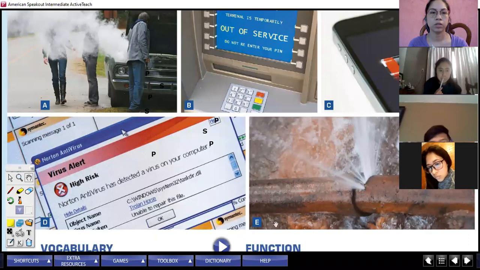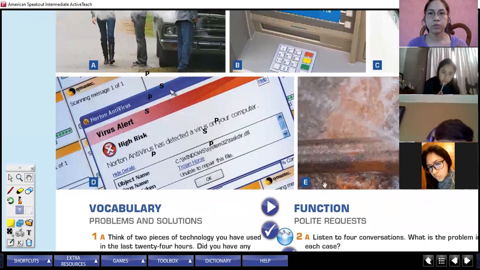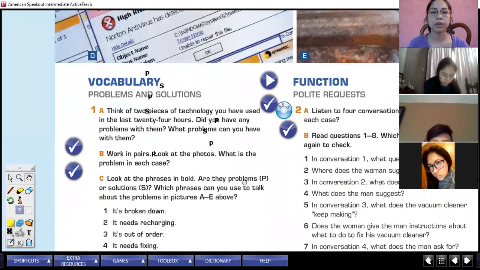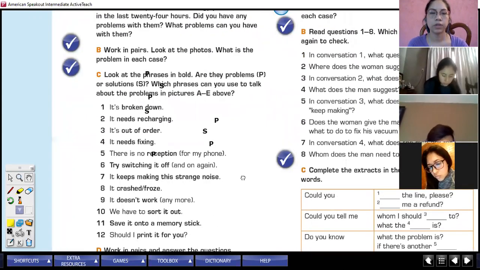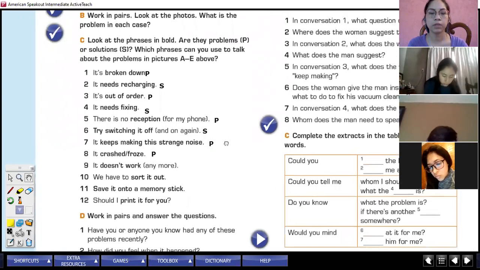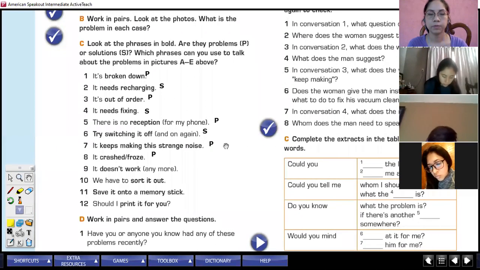Letter C. A. Letter E. A, B, C, D. In letter D, now it froze, right? Something that froze and got overloaded. Okay. For example, your cell phone, it crashed or froze. Good? Yes. Okay.